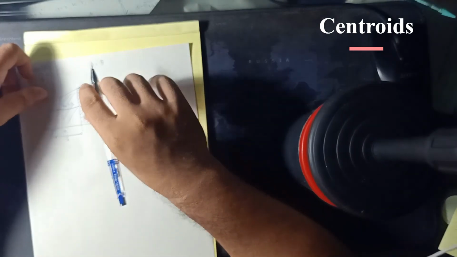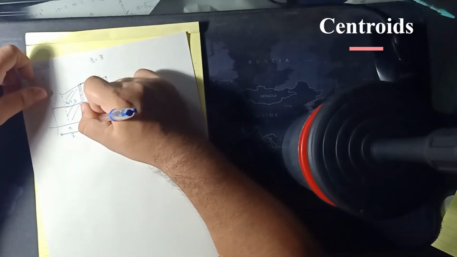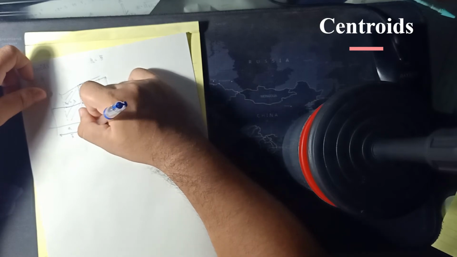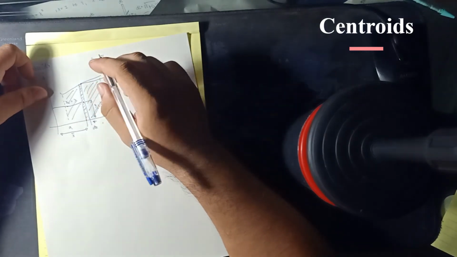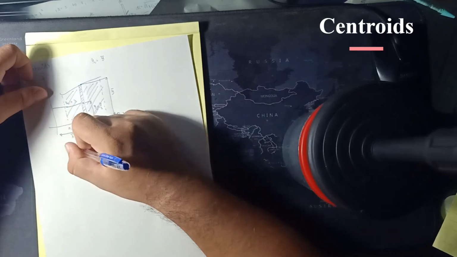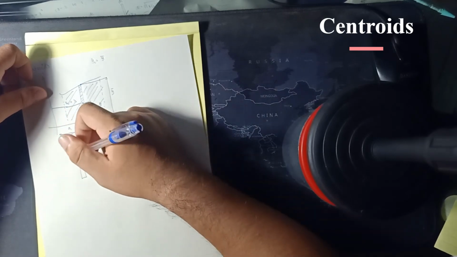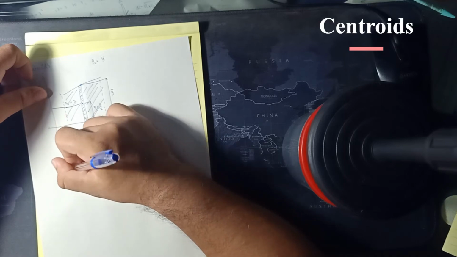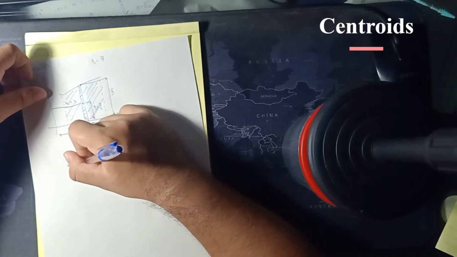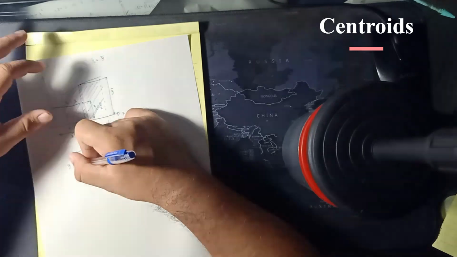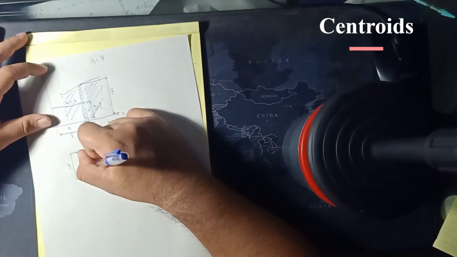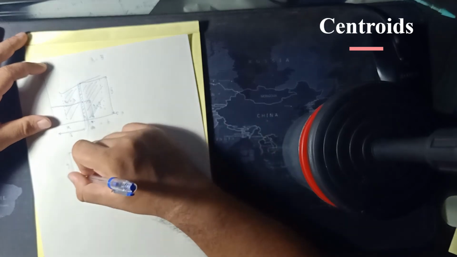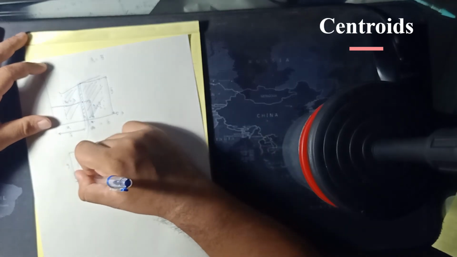And don't forget, this is still your dx, the thickness. If we put your centroid here, this would be your yc, which is equal to y over 2, and this is your dx.